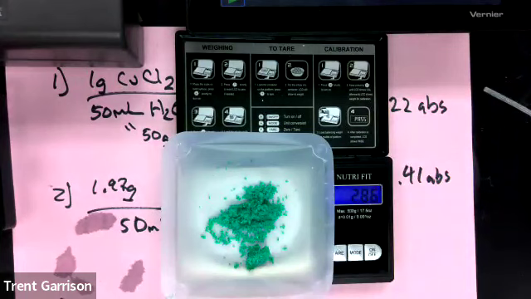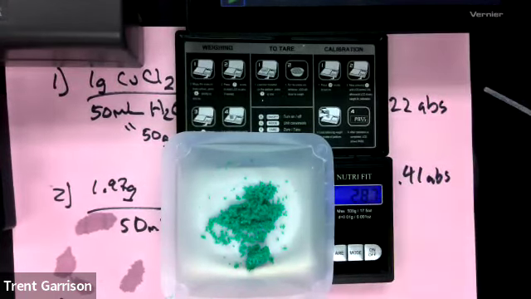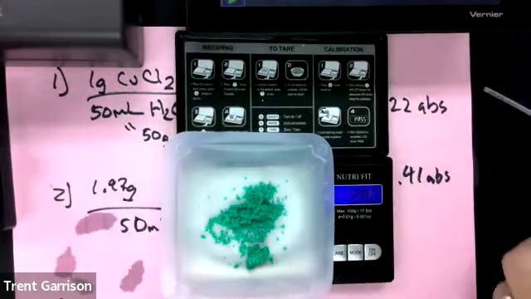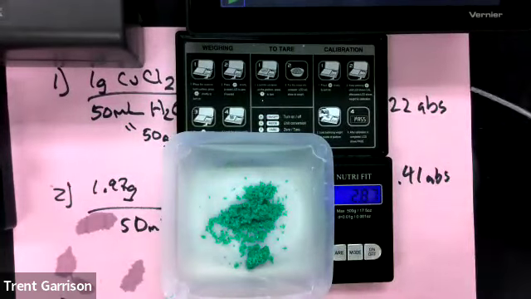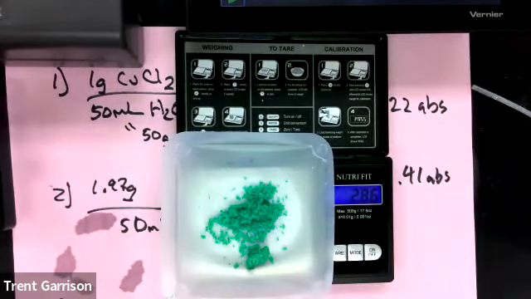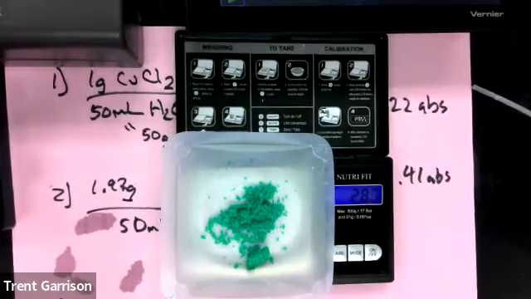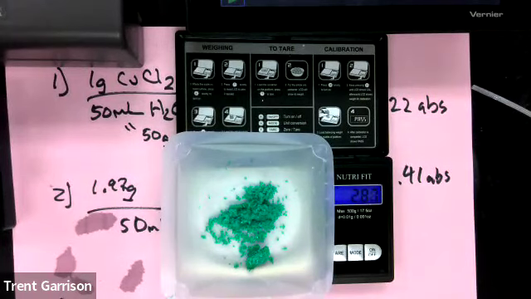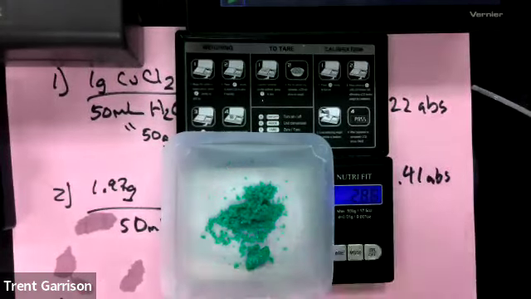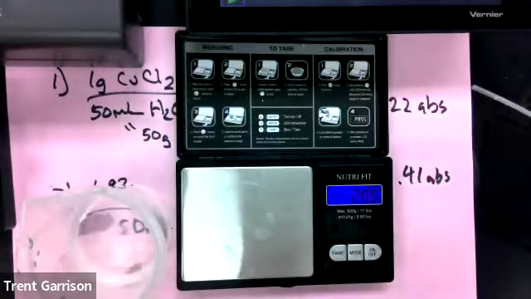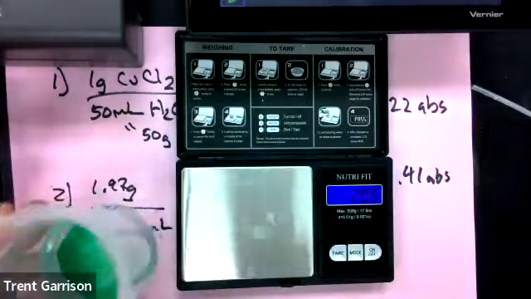That sounds pretty doggone close. All right. So we're going to take that, and put it into our water beaker of 50 milliliters that I have measured. We're going to put that in there.